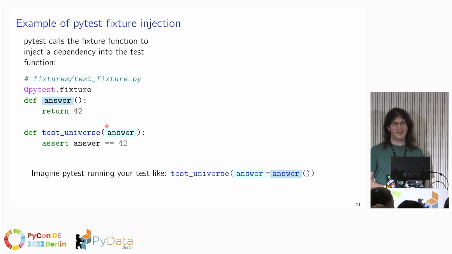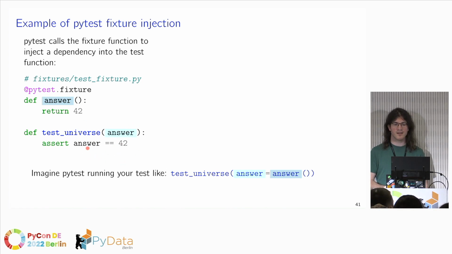Now if you have a test and want to use this fixture, we request it by the test having an argument of the same name as the fixture. So if you have a test with an answer argument and a fixture function, an answer function decorated with pytest.fixture, then what will happen is that PyTest will call the test and pass the return value of this fixture function into the test.